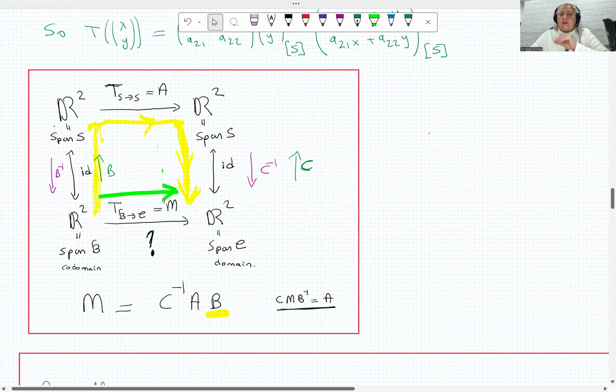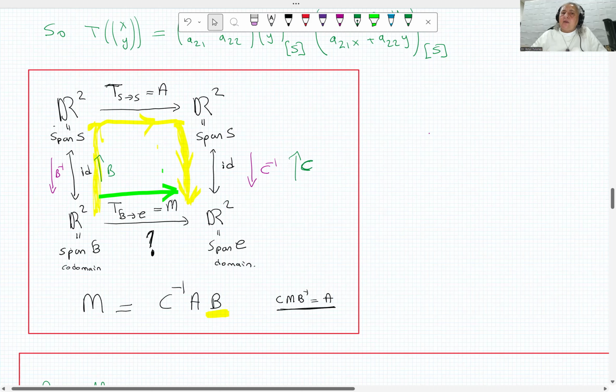How can we find such a matrix form? The idea is the same. Moving up, across, and down is exactly equivalent to moving from here to here. So the green arrow is equivalent to the yellow part. The long way and the short way are exactly the same.